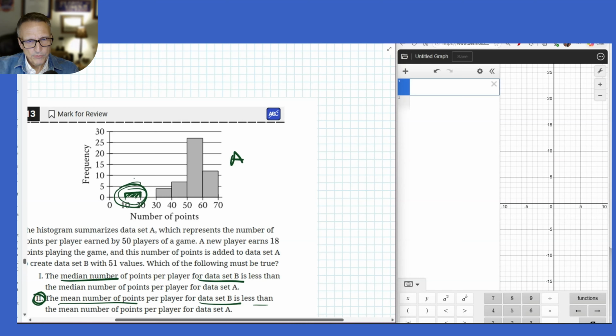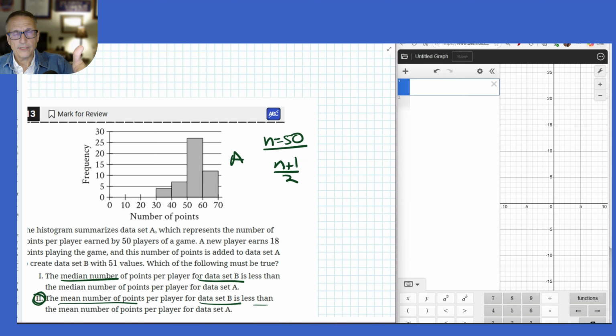Does the median change? Well, what I'm going to do is make sure that I know where the median is in this chart for data set A. When n is equal to 50, what I can do to find the location of the median of a data set is take the number of things that are in the data set, add 1, and divide by 2. That tells you how far you count from the low end to get to the one data point that's in the middle.